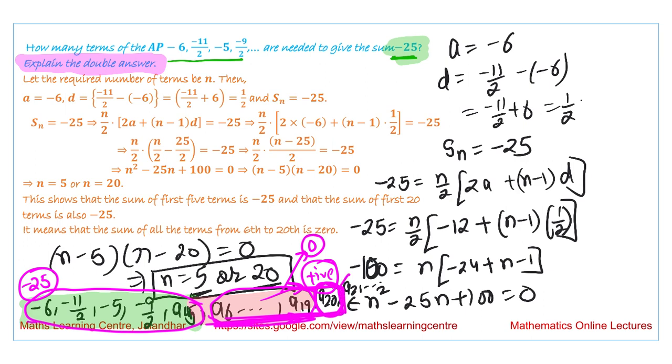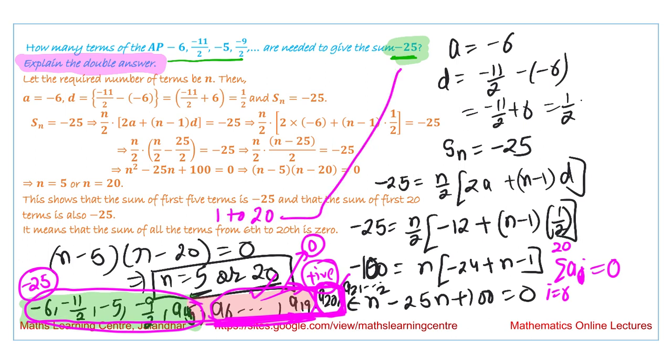So the sum of the values from A6 to A20 is equal to 0. That is, there are some positive terms and some negative terms, and their combined sum is 0. So the sum of all the terms from 1 to 20 is also equal to minus 25, and this is the reason for the double answer.